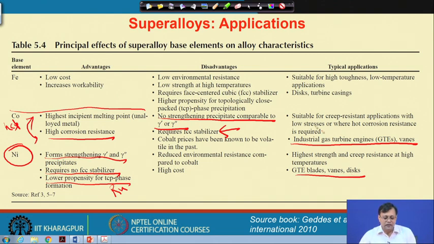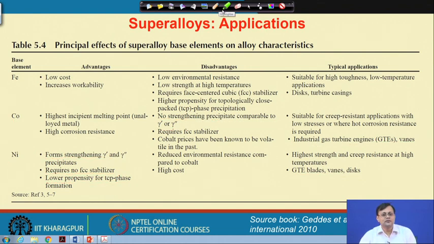So, this is, let us say, the summary of all the different superalloys we have discussed so far.